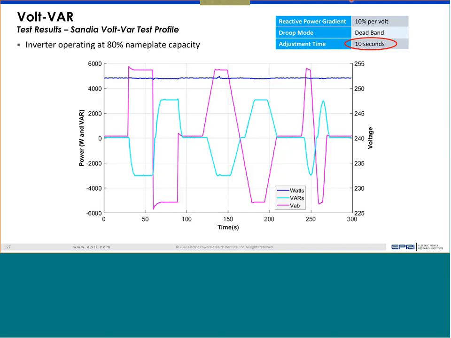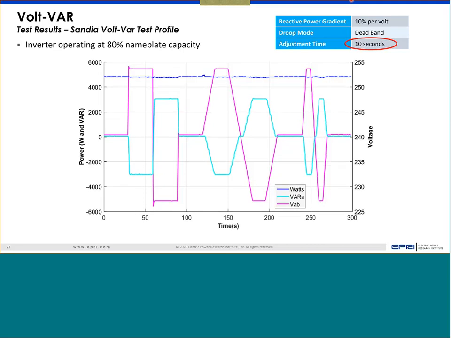So you need to be careful about that: depending on the response time, what is the maximum slope you should use to avoid any risk of voltage oscillation. Those are more details, and we are going to publish a report this year, and we already did a couple of webinars on that topic.